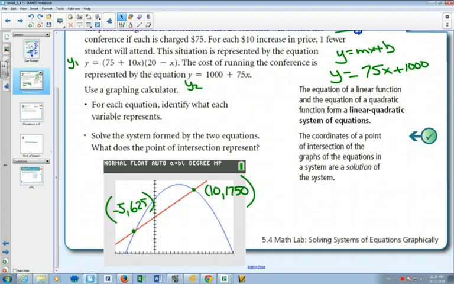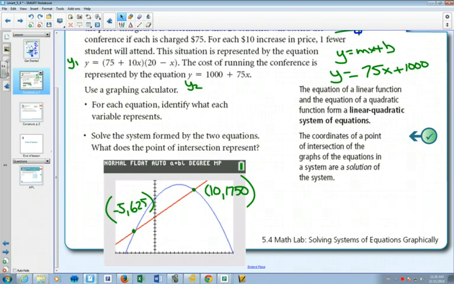How many people are coming? 25, because x is -5. So 20 minus the -5 would mean 25 people are coming. 75 plus -5, you're only charging $25. Okay? You're only charging $25 to come. And 25 people are coming.